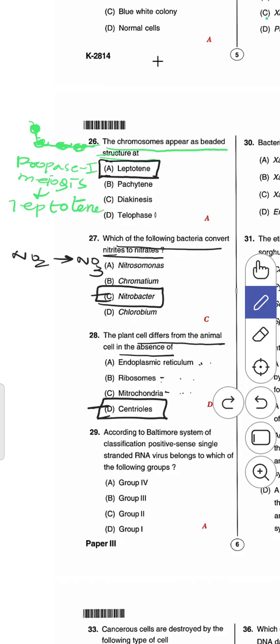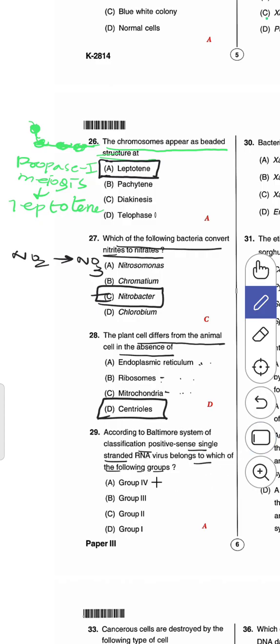So 29th question. According to Baltimore's system of classification, positive sense single stranded RNA virus belong to which of the following groups? So here they have given groups, but they are asking regarding the single stranded RNA.